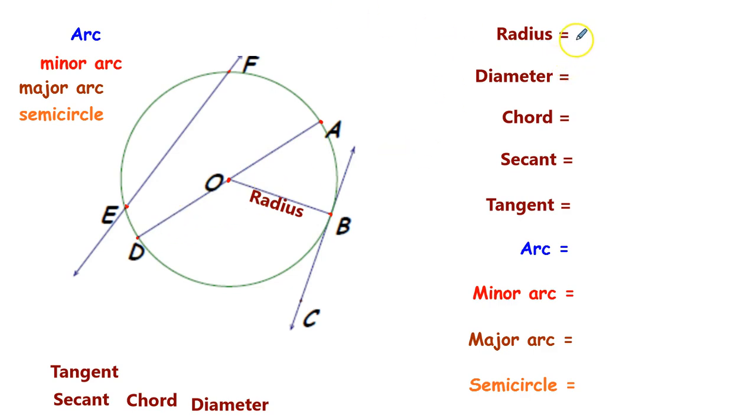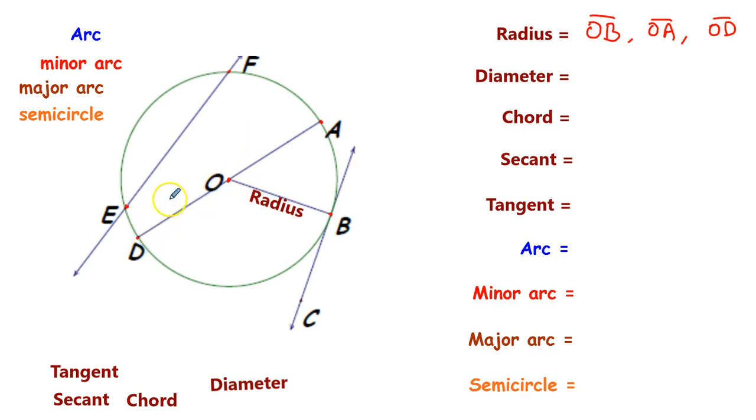So I'll write here OB is the best representation of the radius, or I can even write from O to A, and O to D. O is the center, and D is a point on the circle, so O to D is also a radius.